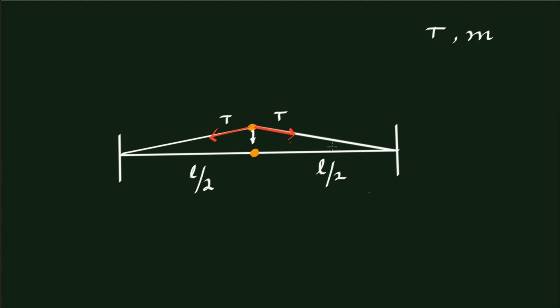Let's say that at this instant of time, the angle here is theta. Then, the component of the tension pointing back towards equilibrium is T cos of 90 minus theta, so T sine theta, and this tension on the left will produce an equal component, so the net restoring force is 2T sine theta.